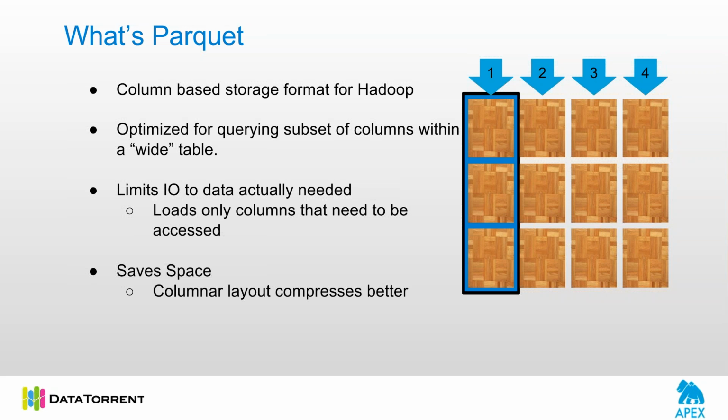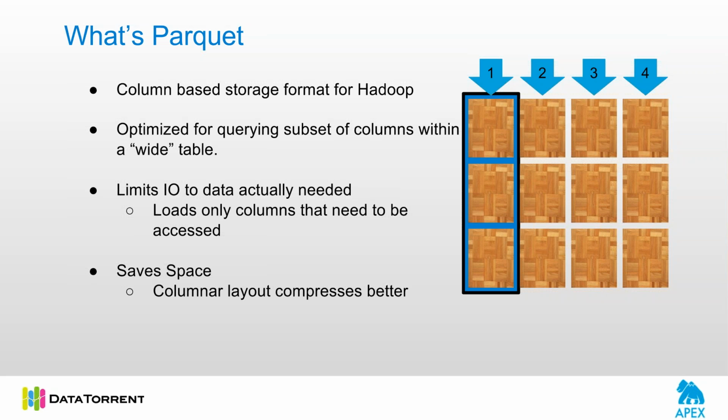Generally, when we say that we want to use columnar storage, we know that our queries would mostly be querying a few columns, and that's why the column-based storage format is useful. And because each column can be accessed independently, we say that it limits I/O.